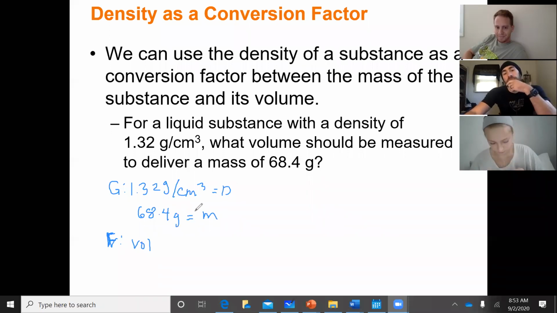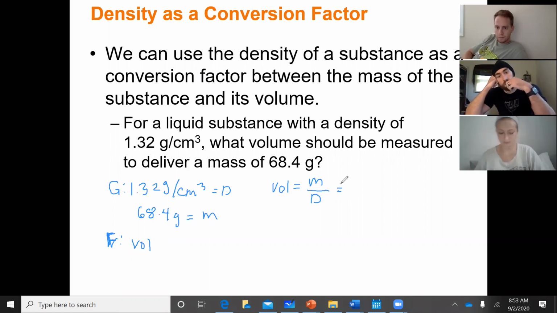All right, so how we can solve this, one way is to plug it into the equation. So I know that density equals mass over volume. So then I know that volume equals mass divided by density. If I get my mass divided by density, that'll give me the volume.